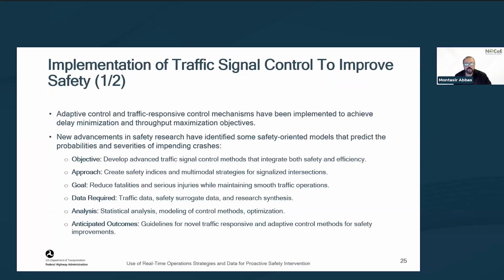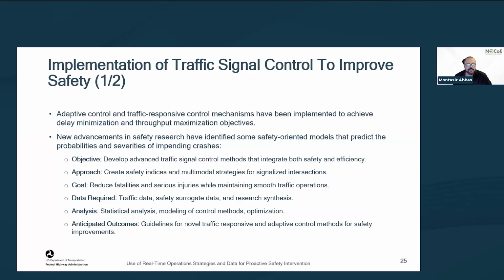But what we wanted to do here is to look at safety itself as an organic way of operating those traffic signals, in addition to improving the operation. We started first looking at adaptive control and then traffic responsive control. And then the idea was let's look at everything that has to do with traffic signals by looking at this new objective.